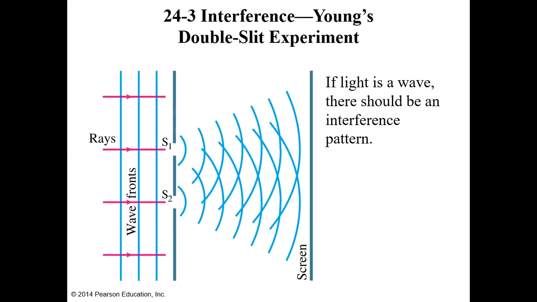Remember back when we talked about interference, we had two different types of interference. We have the regions where crests meet with crests, such as what we have here whenever lines pass on top of each other. And then you also have regions where troughs meet troughs. So those would be these spaces here.